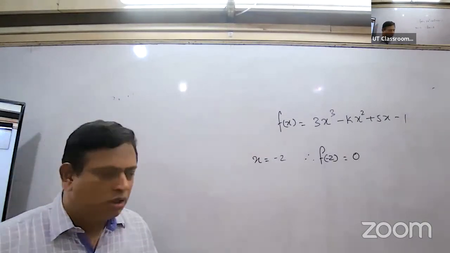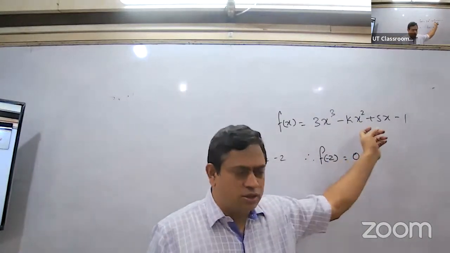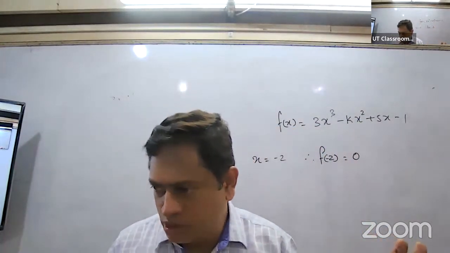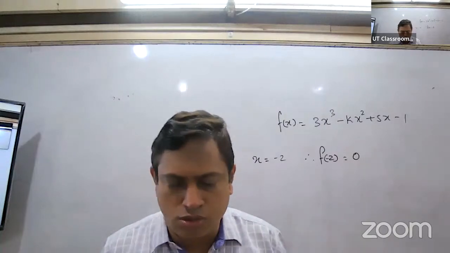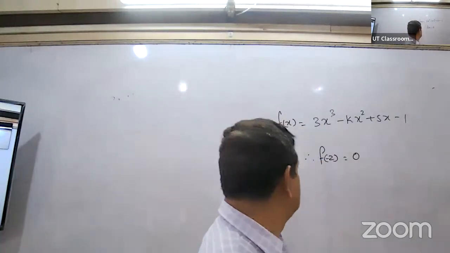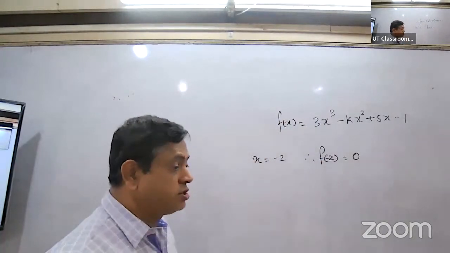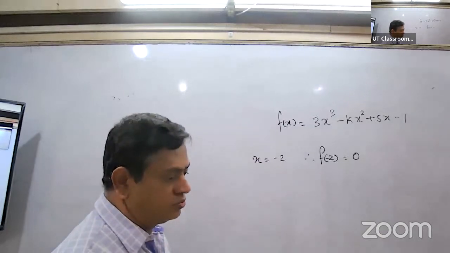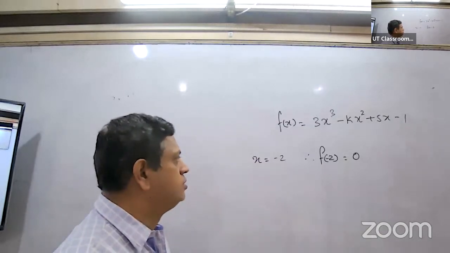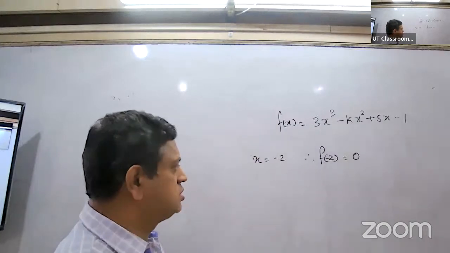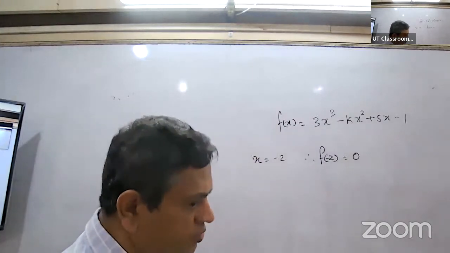Okay, so when you replace x equal to minus 2, this expression becomes 0. Are you following? Okay, so solution: x is equal to minus 2 is a zero of the polynomial f of x.